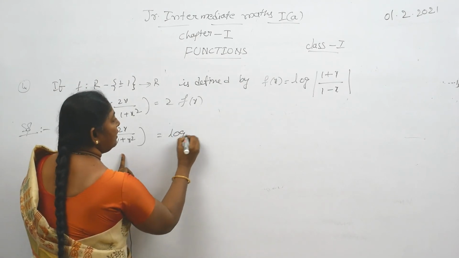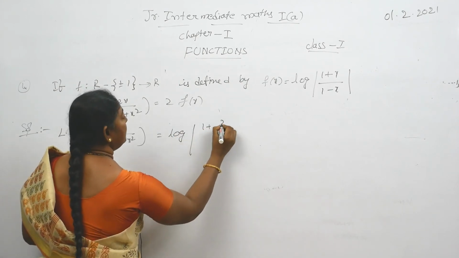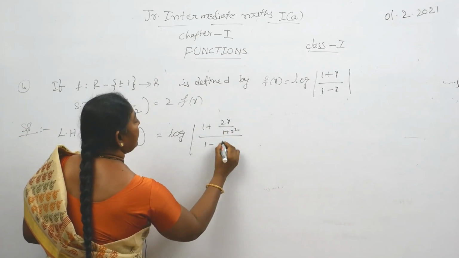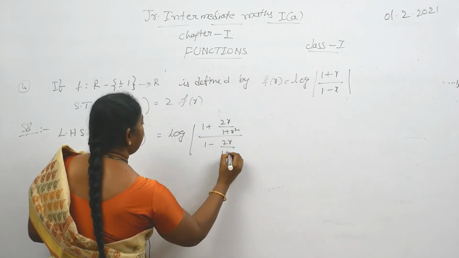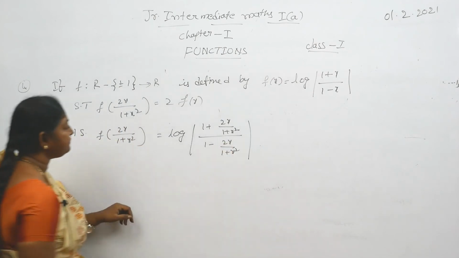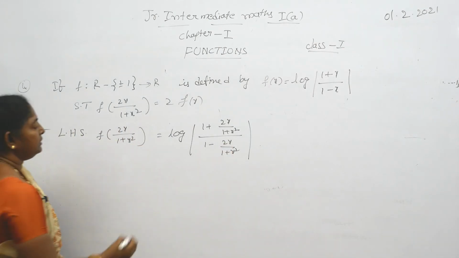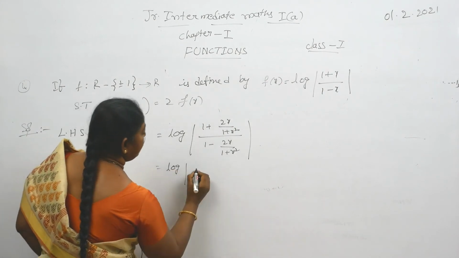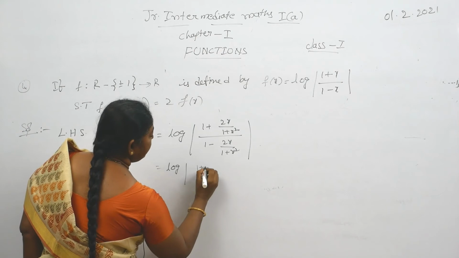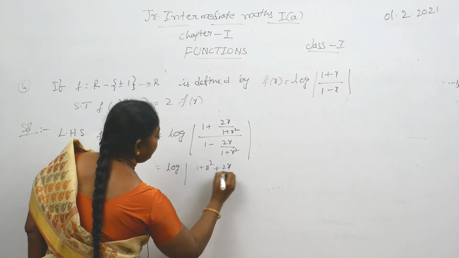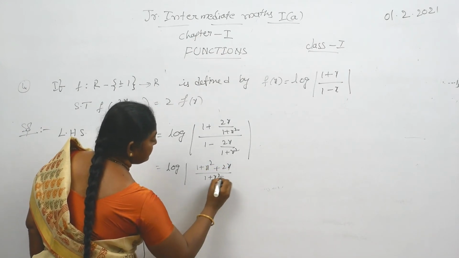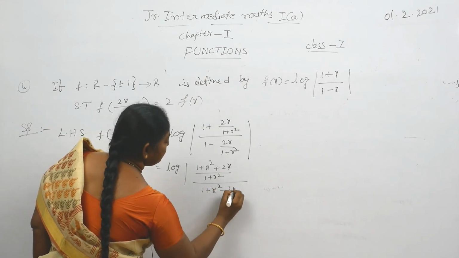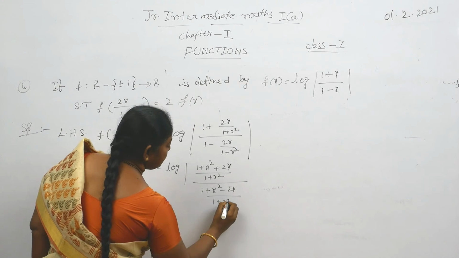So log of 1 plus 2x by 1 plus x square by 1 minus 2x by 1 plus x square equal to log of, taking LCM, 1 plus x square plus 2x by 1 plus x square by 1 plus x square minus 2x by 1 plus x square.